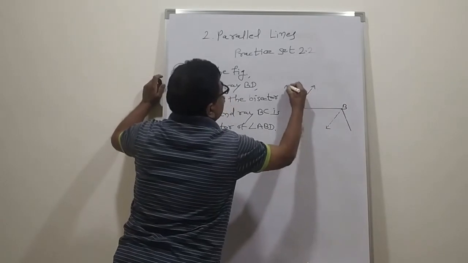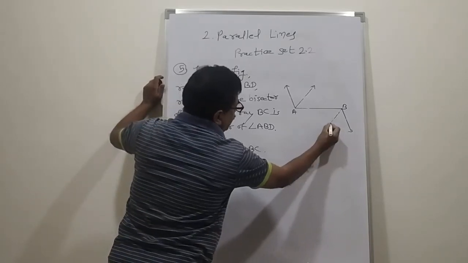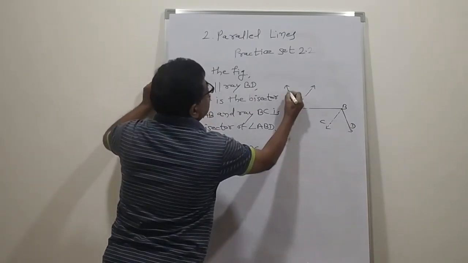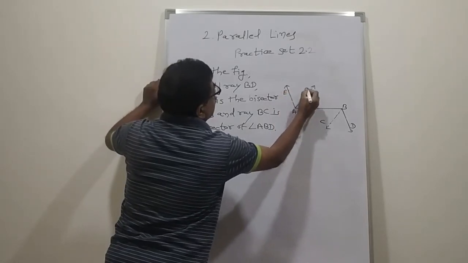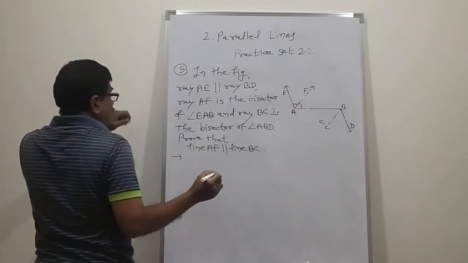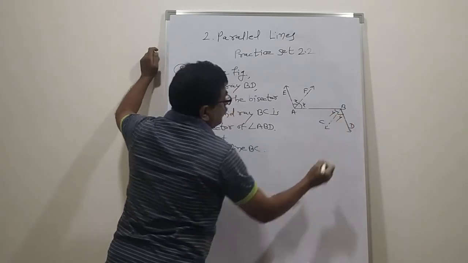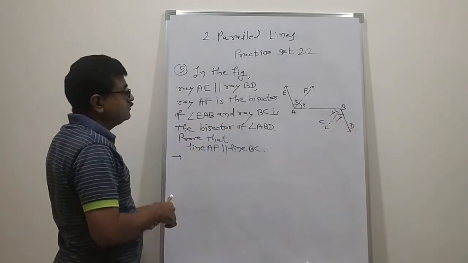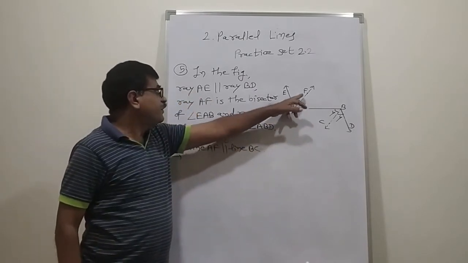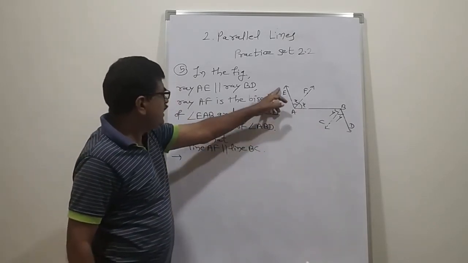A, B, C, D, E, F, X, Y. Now here in the figure, ray AE is parallel to ray BD.